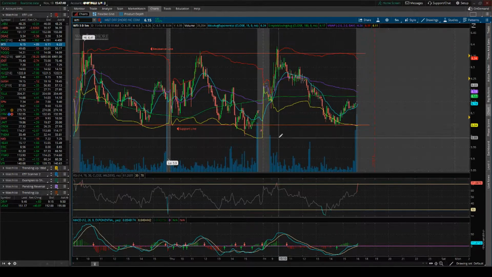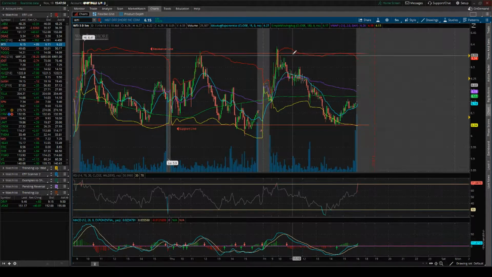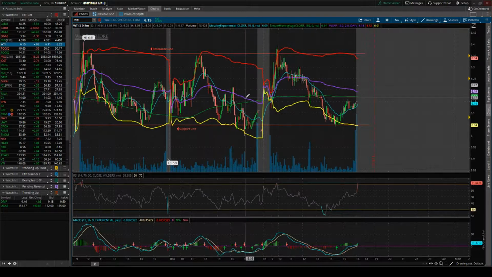Okay, so use all of these indicators. I like to use the VWAP lines because they can also be sort of an indicator of how much room there is for this thing to grow. So that's another indicator that you guys can use. I showed you guys how to put these lines in your chart to make it look like this.